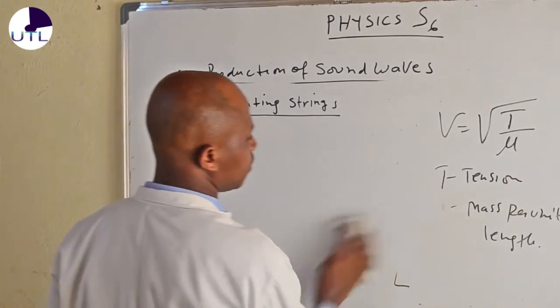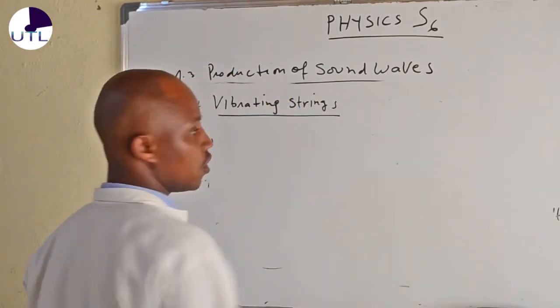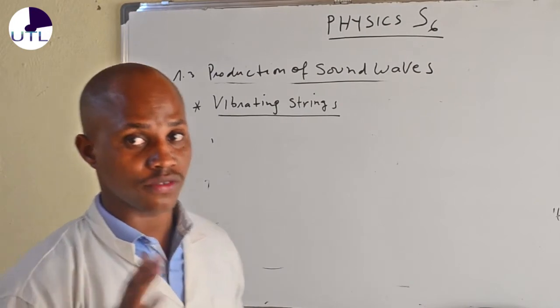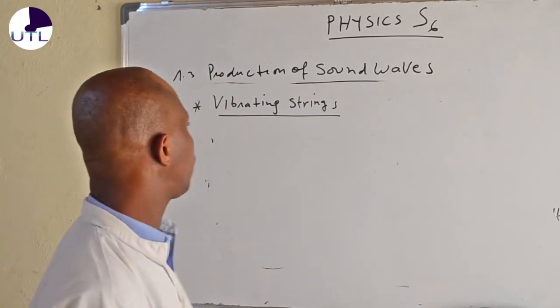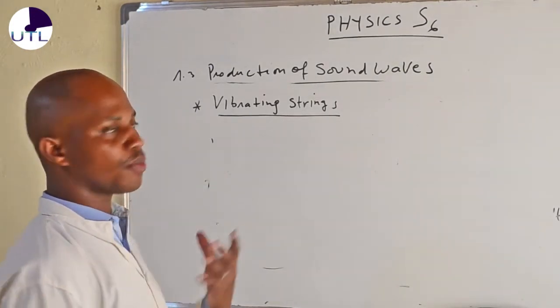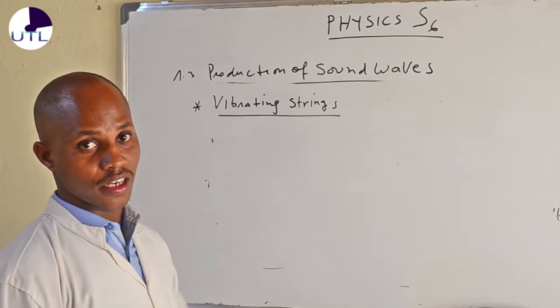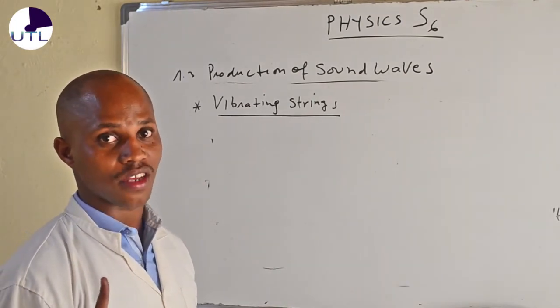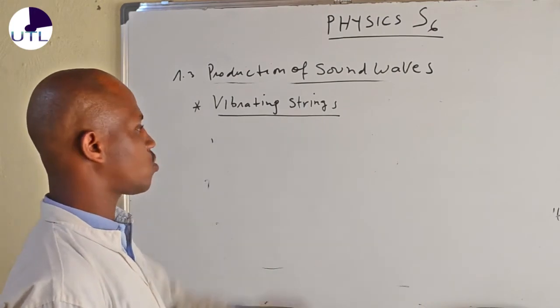Then you can find the general formula for the vibrating string. Remember, we are in production of sound waves. Now we are reaching the third case, where you have sound produced through a vibrating string. Most of us like guitar. That's a good example of a vibrating string.